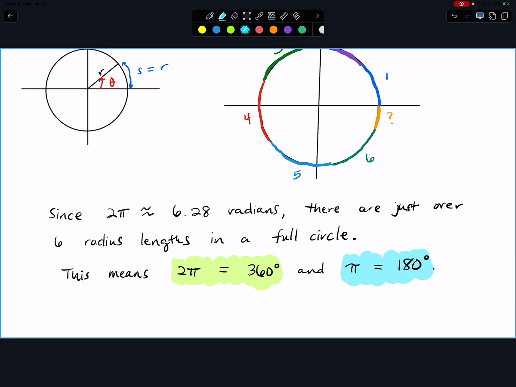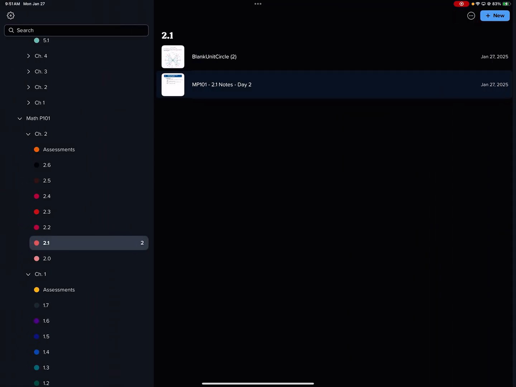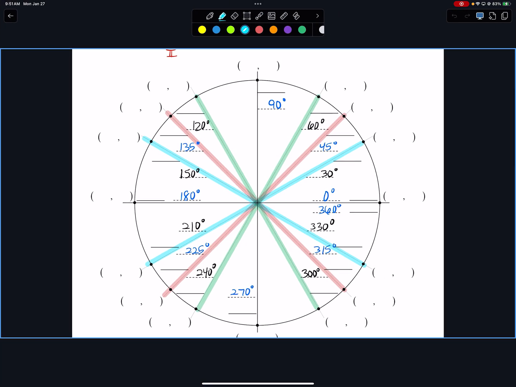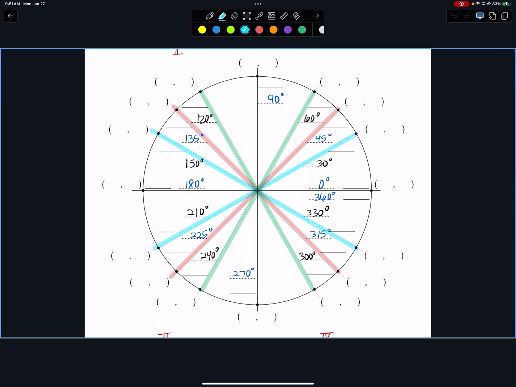Okay, so let's go back to our unit circle now, so we can fill out everything using radians. So radians don't have a special symbol afterwards, so it's just the number.